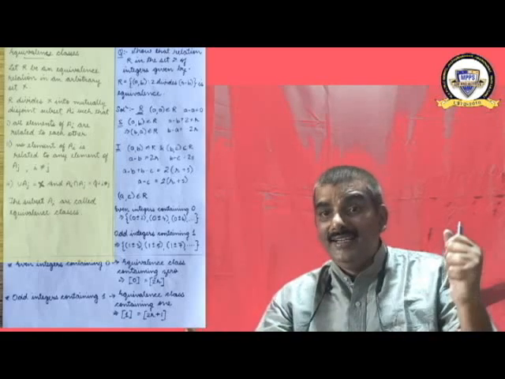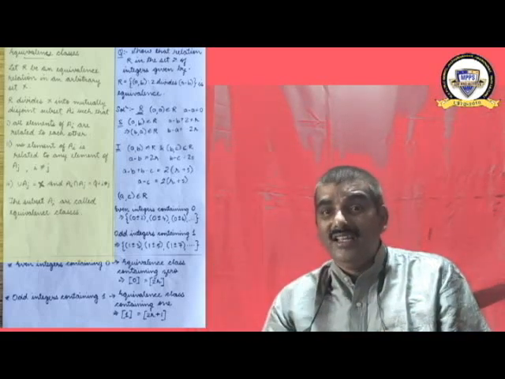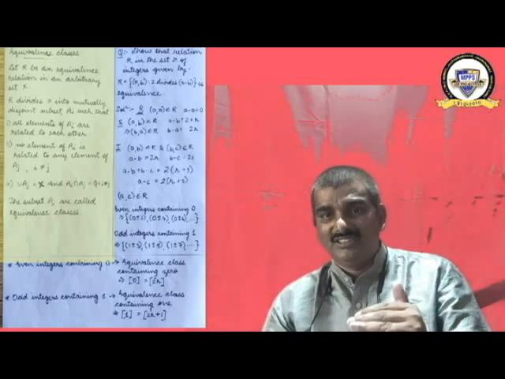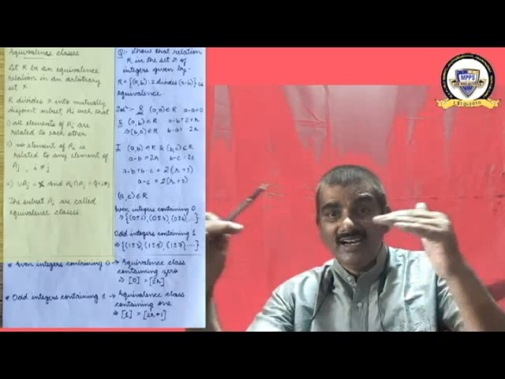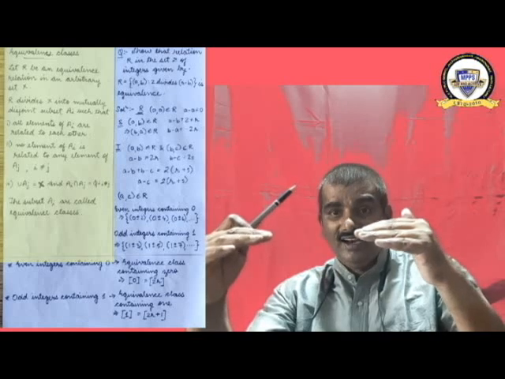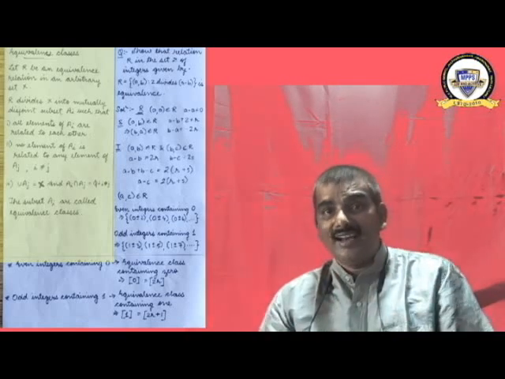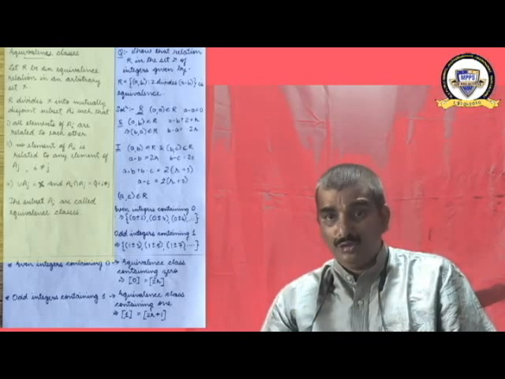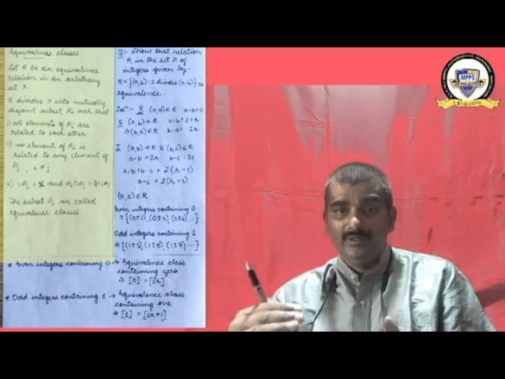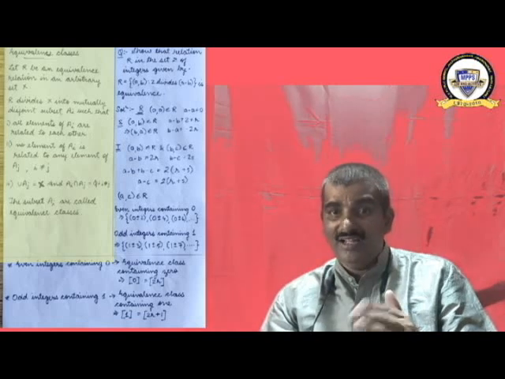And there is a relation within each and every subset, the first subset and the second subset. The relation is there within each subset, but not between them. What is the relation? It is divisibility by 2.